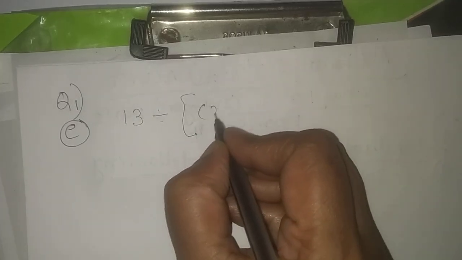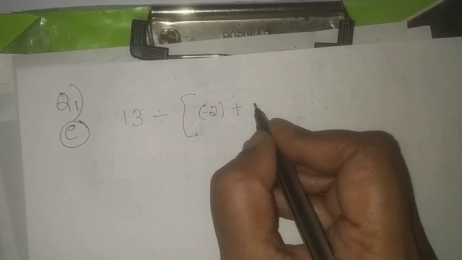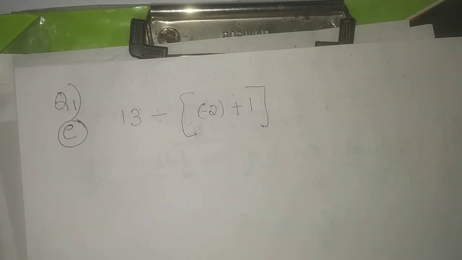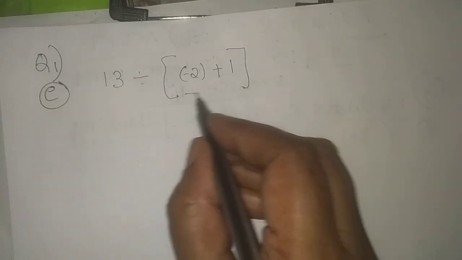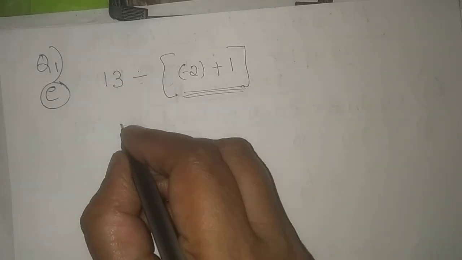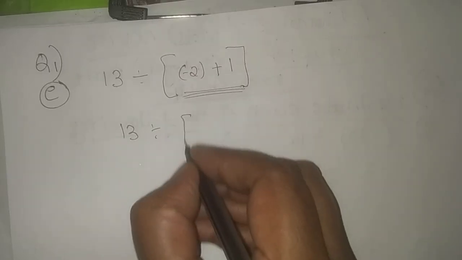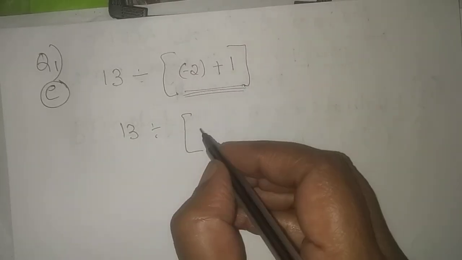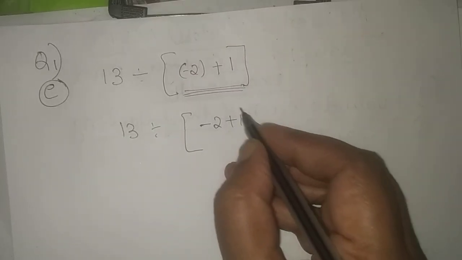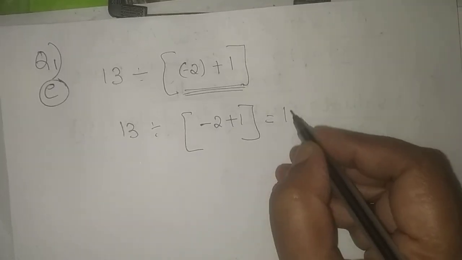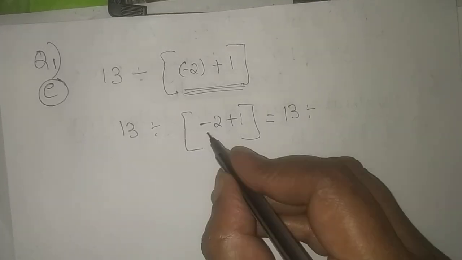Then E. What is the question? 13 divided by minus 2 plus 1. So in this part we have to solve the bracket first. Keep 13 as it is. Minus 2 plus 1, how much?